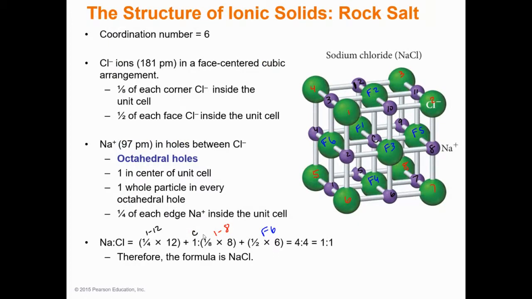You can also do this with much larger, more complex ionic solids. So if you look, we have a coordination number of 6, but we have chloride ions all up in the corners. And then we have the sodium ions, where the chlorides are the purple and the green are the sodiums.